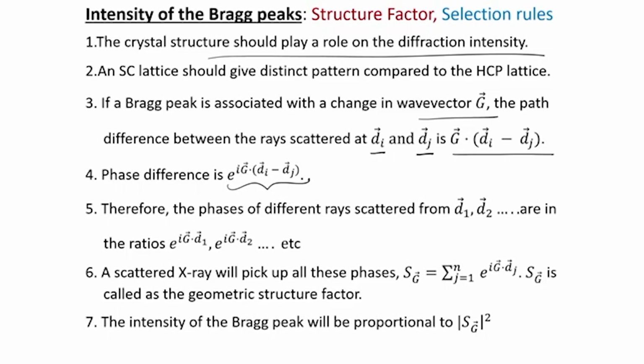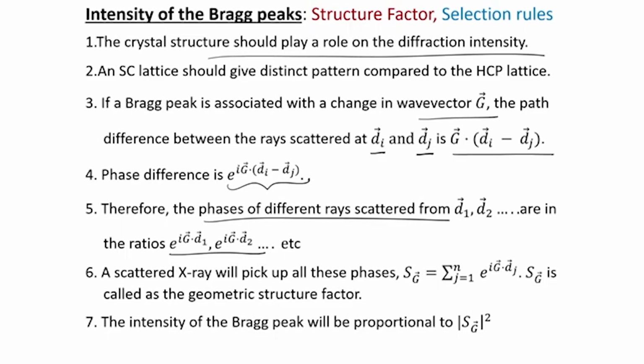So, if you have all these crystal lattice points placed at d1, d2, d3 from some chosen origin, where d1 is a vector that connects the first atom, d2 the second atom, and d3 the third atom and so on, then the phases of the scattered rays will be in the ratios of exponential i g dot d1, exponential i g dot d2, and so on and so forth.